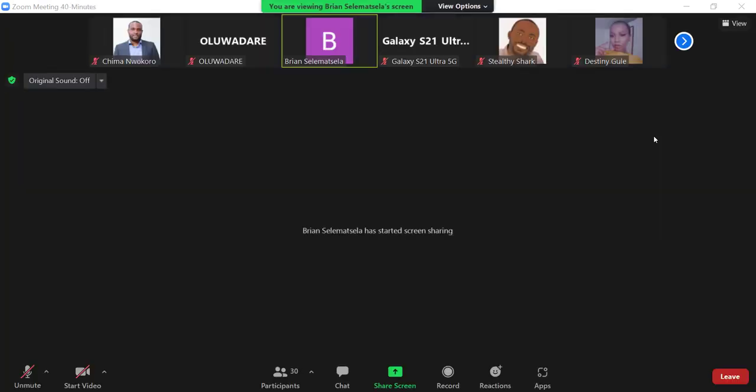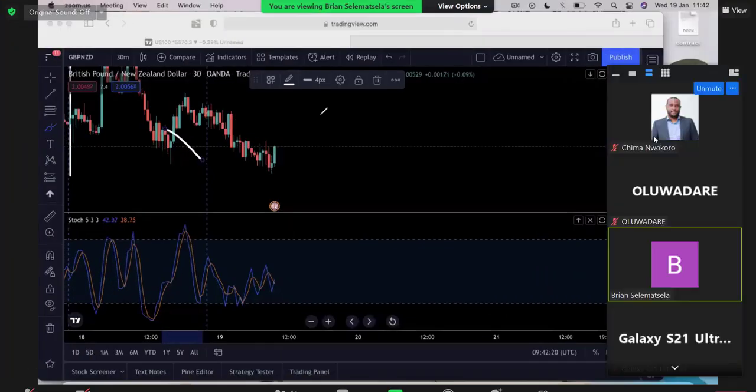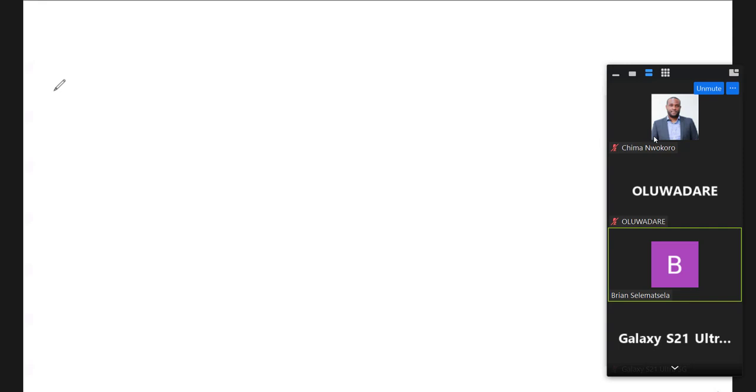So what I will do now is illustrate how the strategy is normally implemented. What I'm going to draw is the normal behavior, the pattern that we look for.